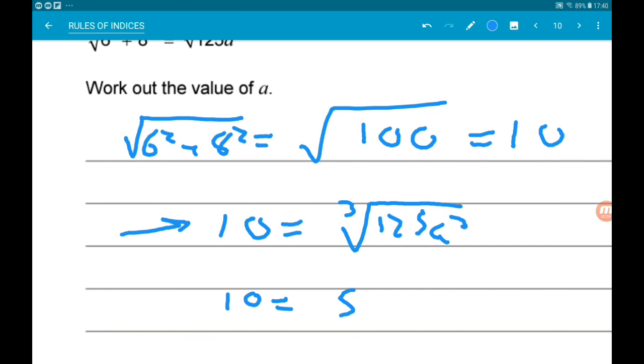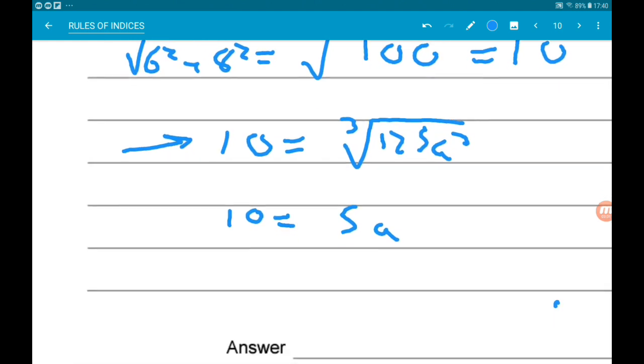So on the right we have 5a. So that's telling us then that 5a is equal to 10. Therefore, a equals 2. Cool.